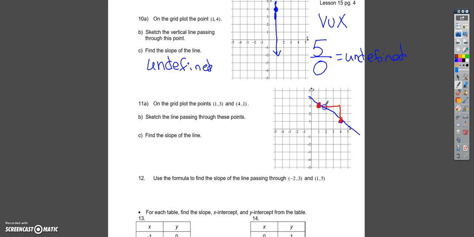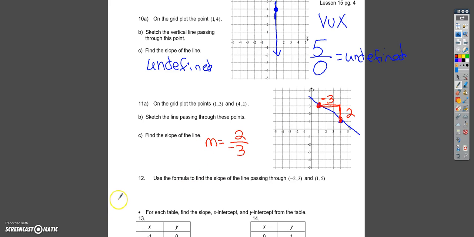Draw your right angle. And it doesn't matter if you drew it up here or if you drew it down here. And then find the slope, rise over run. Count your spaces. We rose positive 2, and we ran 1, 2, 3, negative 3. So slope is rise, which is 2, over run, which is negative 3.